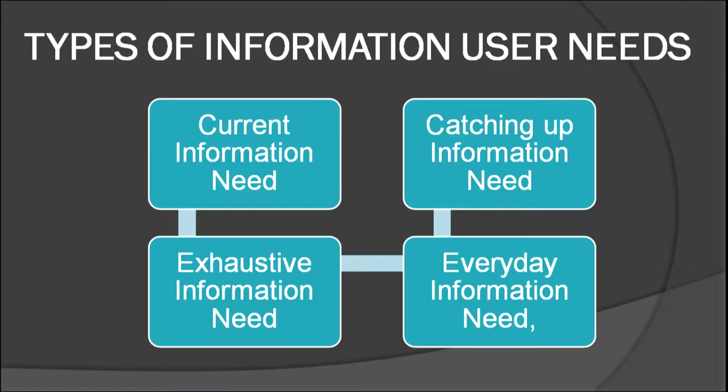On the basis of these surveys, we can identify four types of user information needs, which are current information need, exhaustive information need, catching up information need and everyday information need. We will discuss all these needs in detail.